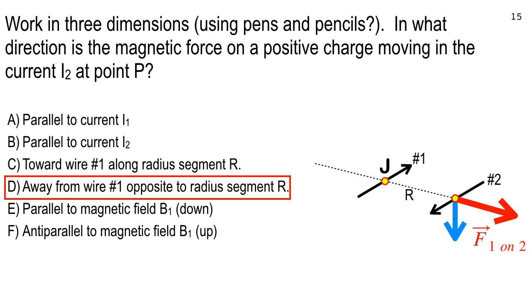I'll give you the answer; you can work it out yourself if you feel like it. The current's going this way in current number 2, and so the field over here is downward as well. So go ahead and sketch in B2 at point J. It's also downward.